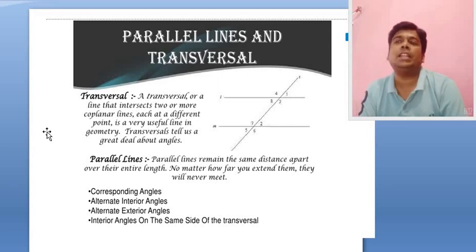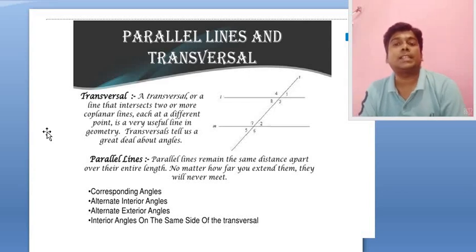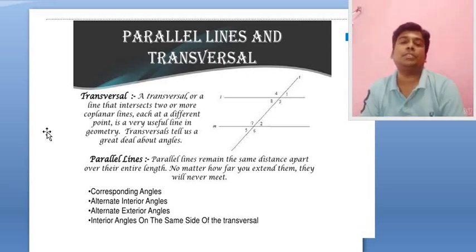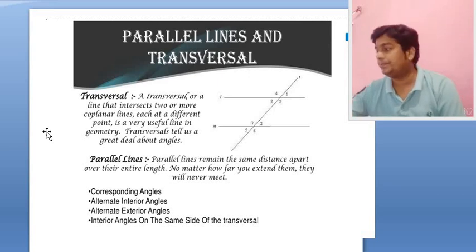You can see here L and M are two parallel lines, and T is a transversal, and due to this 8 angles are formed, and we have studied about these angles. They are corresponding angles, alternate interior angles, alternate exterior angles, and interior angles on the same side of the transversal. So we will study them one by one.